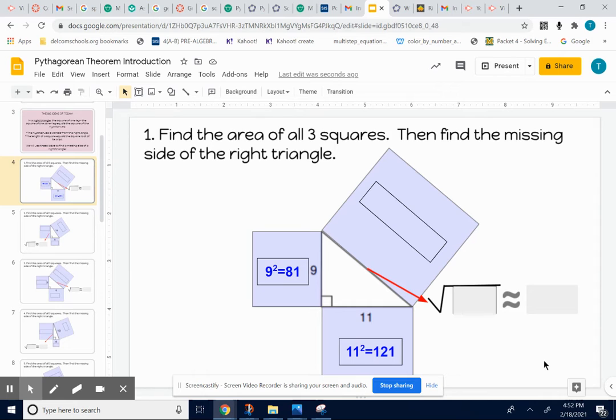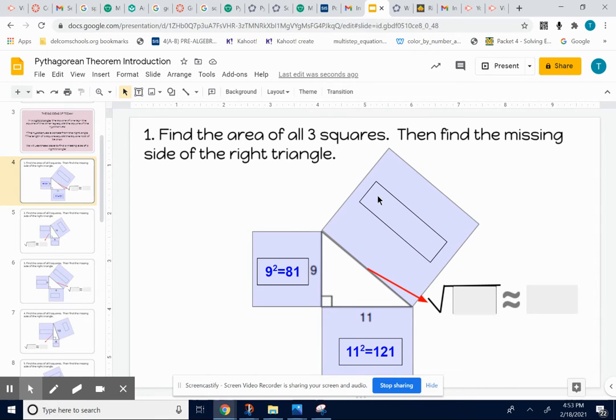Now we need to put on our thinking cap. We need to find the missing square. So what do we know about the two squares of the legs and the square of the hypotenuse in a right triangle? And I should have mentioned this, the hypotenuse is across from the right angle. This is the right angle.